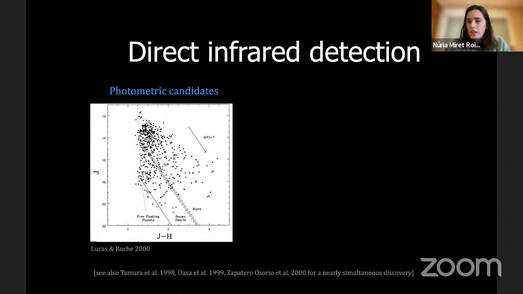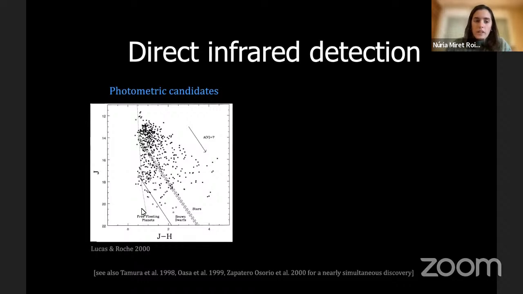And so one of the techniques to detect free-floating planets directly in the images is using photometry. So here what you are seeing is a color magnitude diagram of different filters in the infrared. So we have J versus J minus H color.